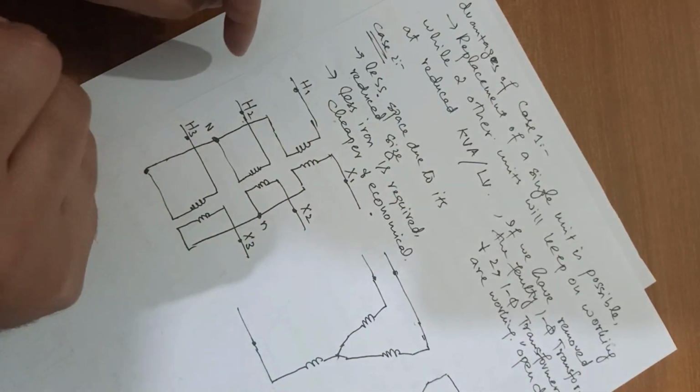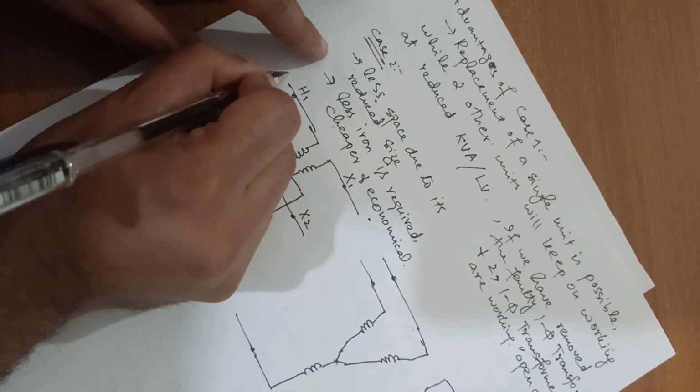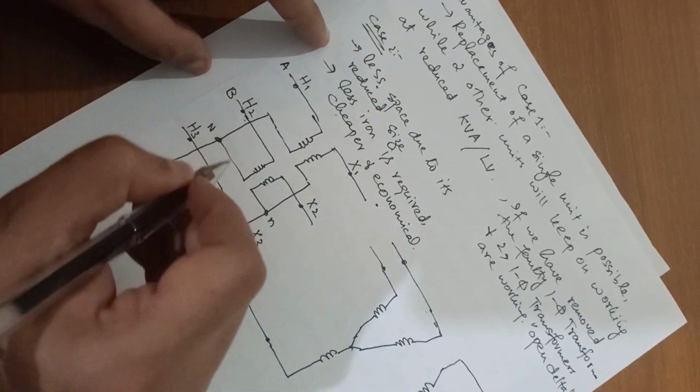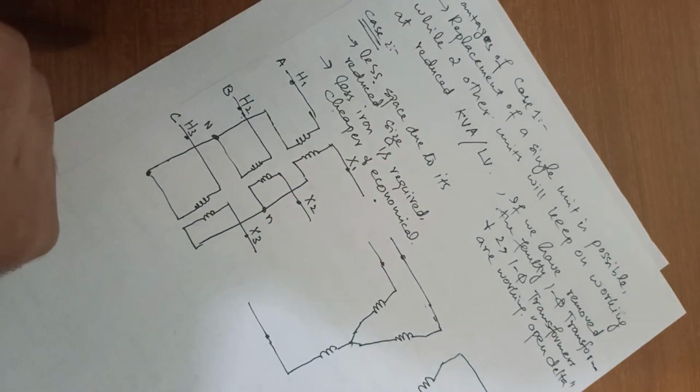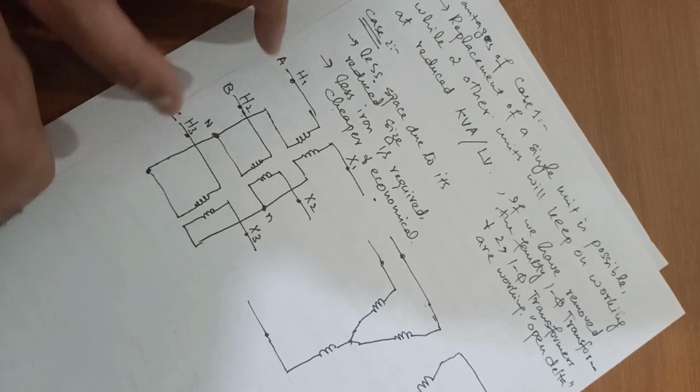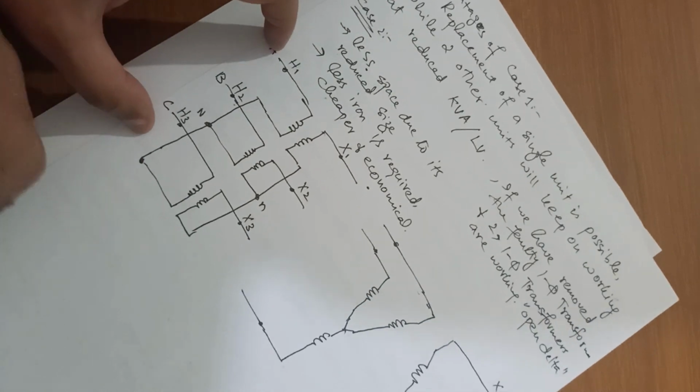Now also the terminals on the primary side are denoted with capital letters A, B, C, X, Y, Z, L, M, N, or whatever you want to take. I am preferring to write A, B, C here.